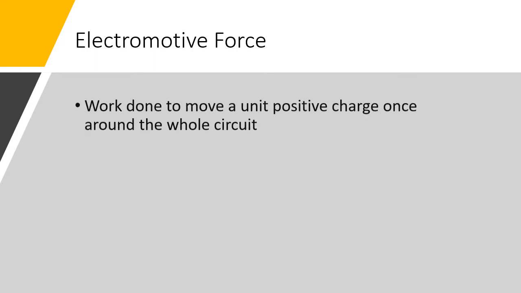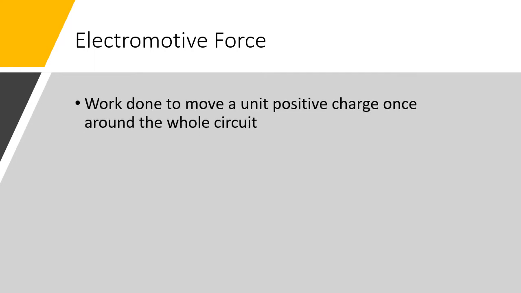But when we talk about electromotive force, it is a work done to move a unit positive charge once through the complete circuit. So the electrons coming out of the negative go through the circuit, and go back to the positive once. To do that, how much energy is needed? That is what you call the electromotive force.